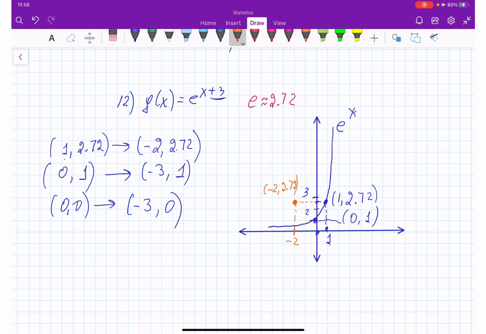Negative 3 and 1. Here is negative 3, this is 1. The coordinate is negative 3 and 1. And negative 3 and 0. It's going to be like that.